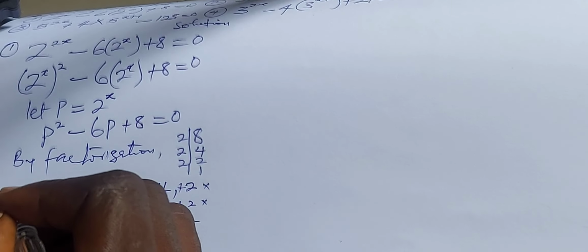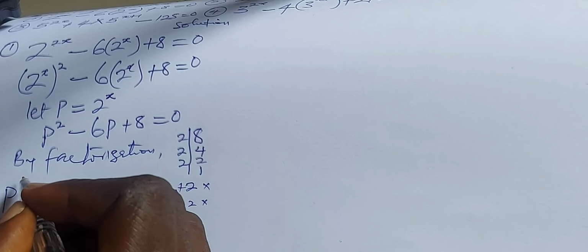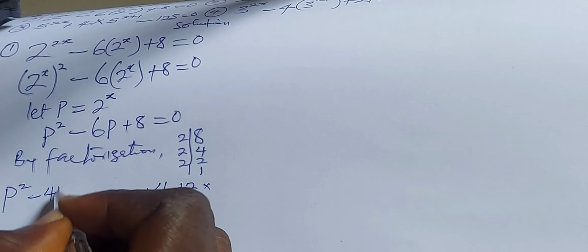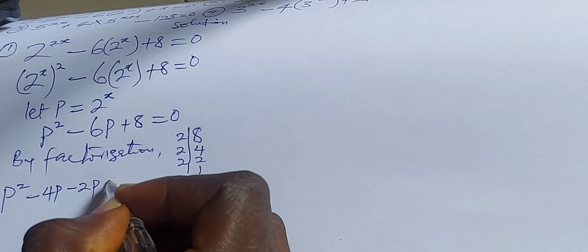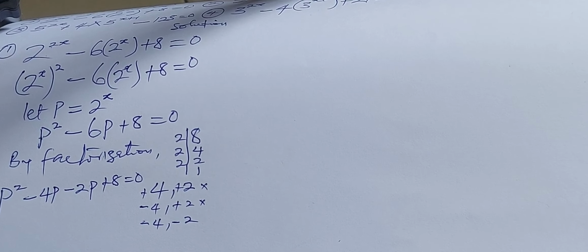Therefore, you rewrite this expression as p squared minus 4p minus 2p plus 8 equals 0. Can you see it? So we factorize.